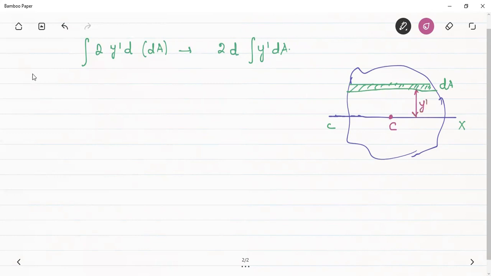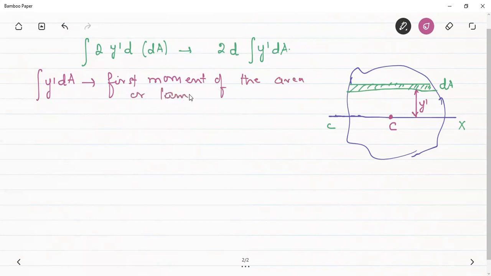Now clearly see what this integral, y dash dA, represents. It represents the first moment of this complete area, or lamina, about which axis?